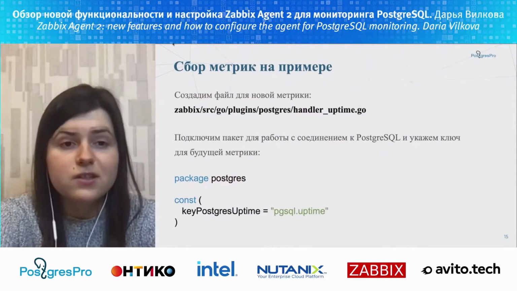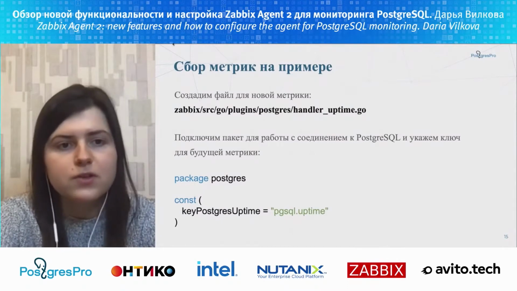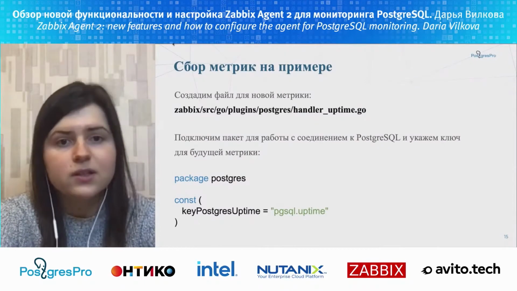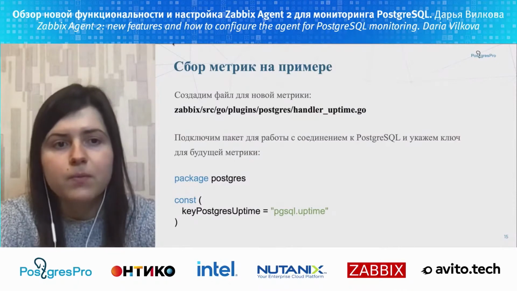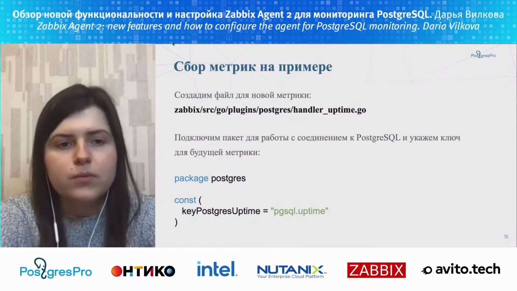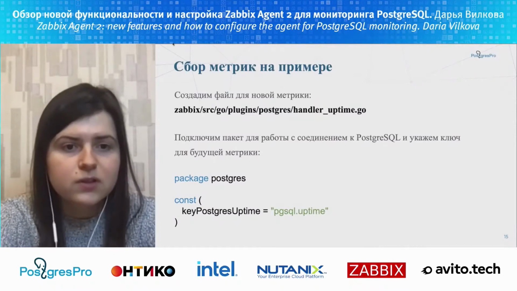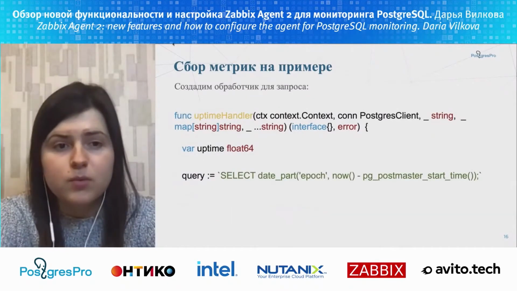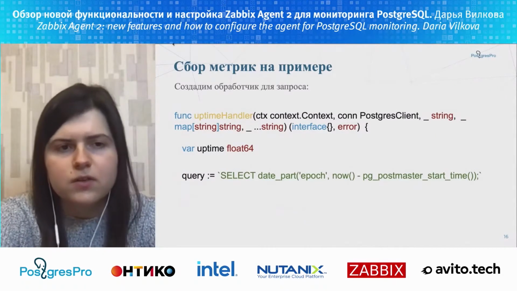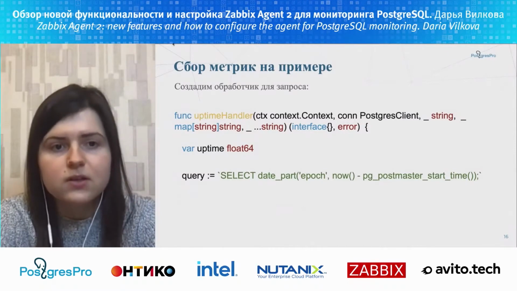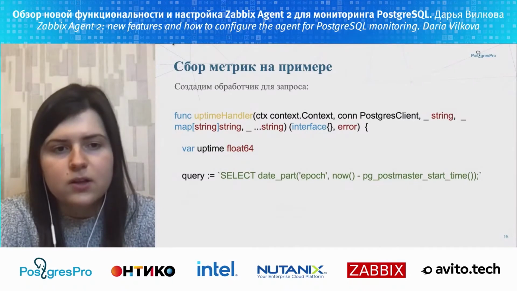The handler is the plugin unit; it specifies the query and performs it. I'll show how it works on the example of creating a simple metric, uptime. Create a file in the corresponding directory, connect the package for Postgres operation, and specify a unique key for the new metric. Then create the handler and initiate a variable that will receive the results. About this variable, you can find details in the official documentation of the PG driver.